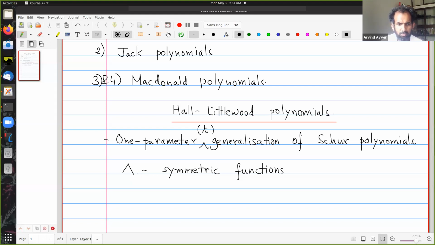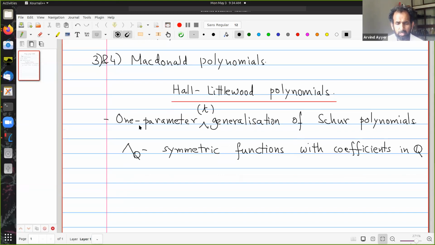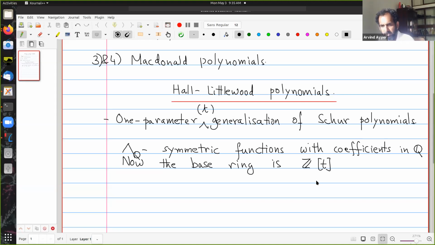So it's lambda_q, symmetric functions with coefficients in q. What we are going to do now is generalize this base ring, so now the base ring is going to be the ring of polynomials in one variable, this variable t. So we are going to have symmetric functions where the coefficients are polynomials.